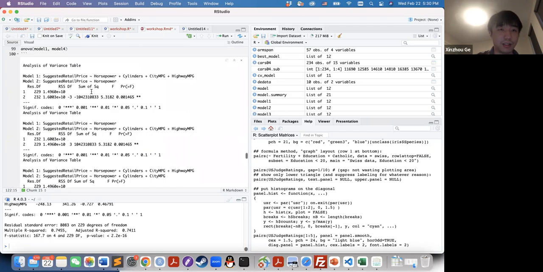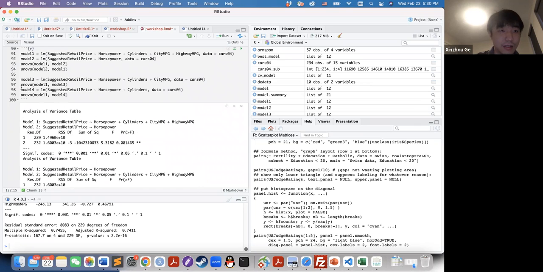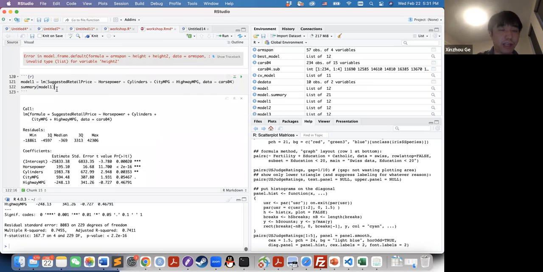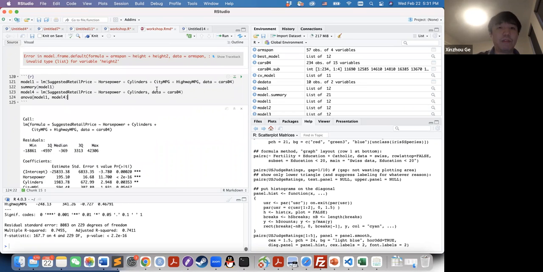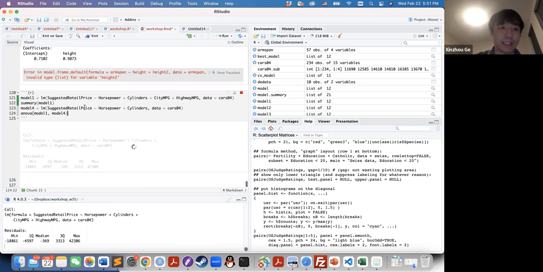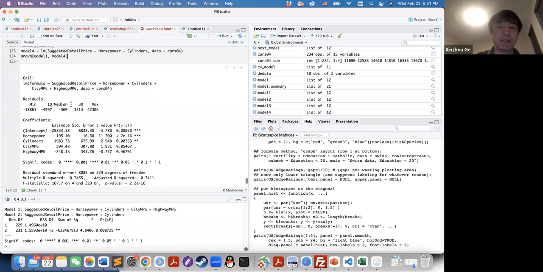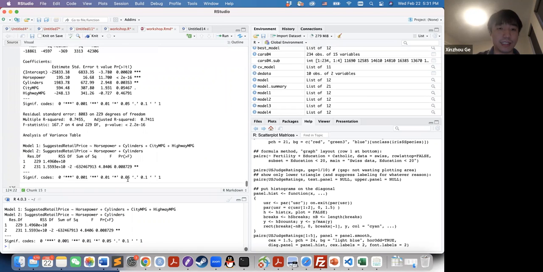as we have done before, I just highlight this. If we look at city MPG and highway MPG together, you will see that if we do an F-test comparing model 1 and model 4, which means that we want to see whether city MPG and highway MPG improve the model, this time the p-value is much smaller than 0.05. And it means that these two predictors are important.